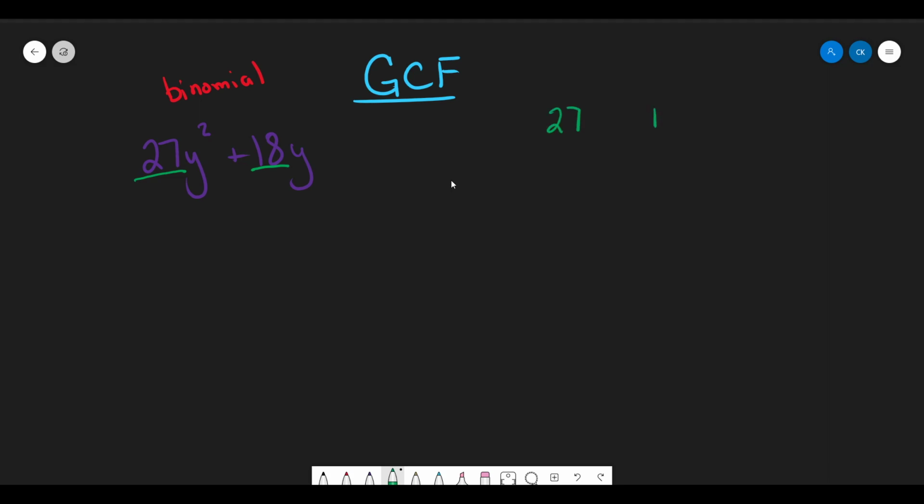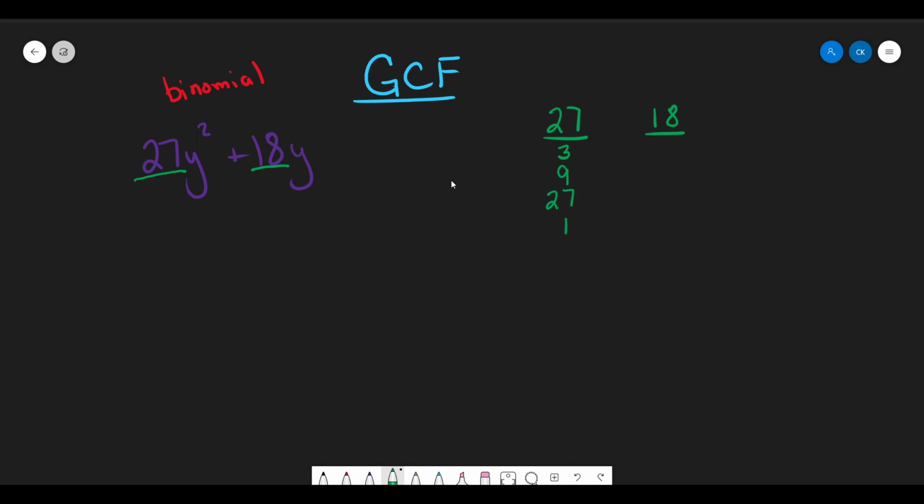So what I want to do is I want to look at all of the factors of each of these numbers. So 27 has a couple different factors. It has a factor of 3, it has a factor of 9, it has a factor of 27, obviously, it has a factor of 1.